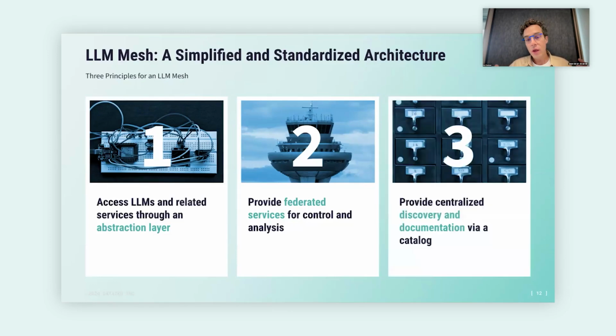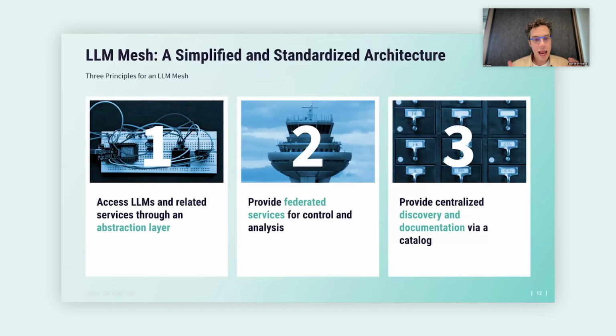And then three, we need to have centralized discovery and documentation via a catalog, not only for the human beings who are going to be building these applications, yes, for them for sure, but actually also for these systems themselves so that they can understand what is available to them, so that the agents can use the other agents or can use the other tools available to them. And that's ultimately where we see things developing.